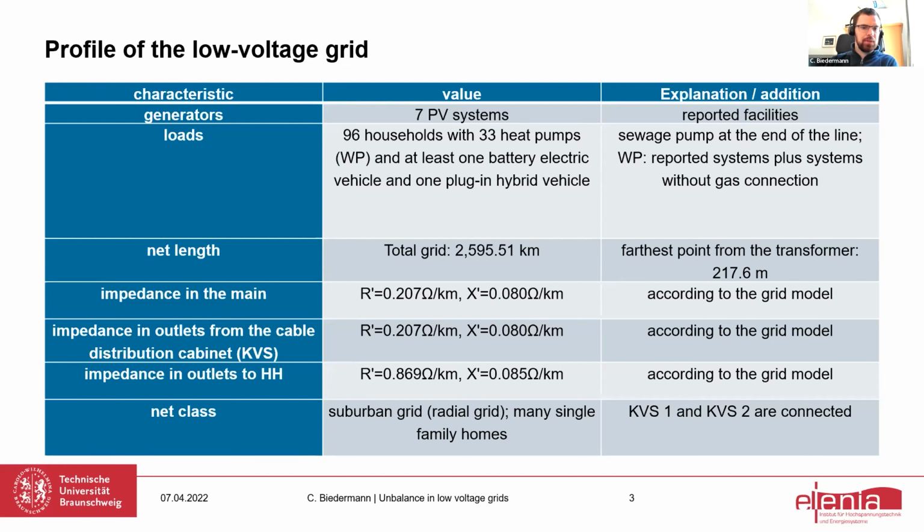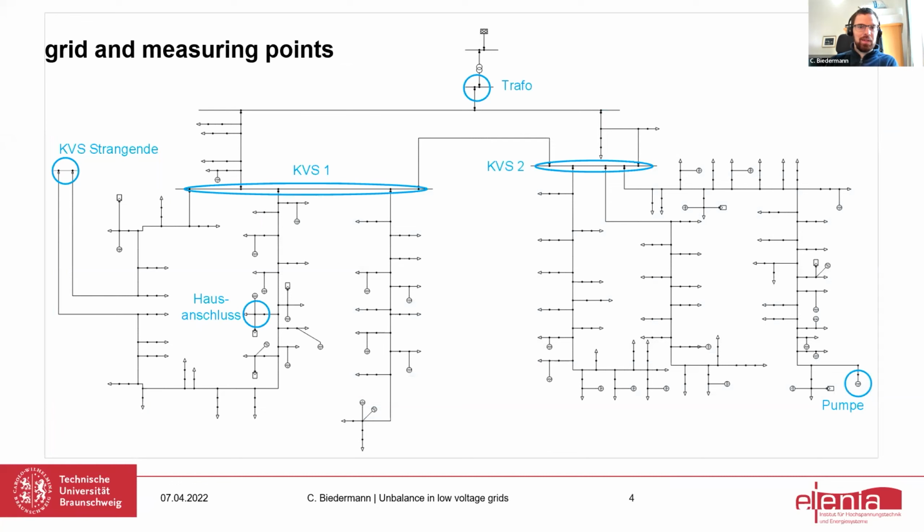In some pictures, there is already a KVS, which is the cable distribution cabinet in German. So we love abbreviations. Here, as you see, these are the cable distribution cabinets, the whole grid, the transformer station, and on the right side there's a waste pump.